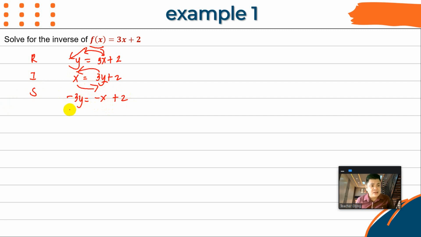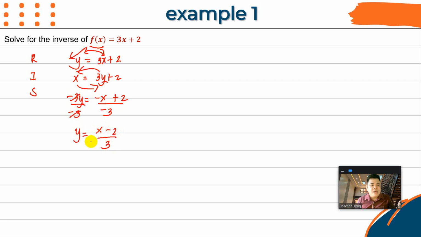Then you simplify to isolate y by dividing both sides by negative 3. Cancel this, and you have y. If the denominator has a negative sign, to make the denominator positive, change all the signs of the terms in the numerator. So negative x becomes positive x, and positive 2 becomes negative 2, over 3.